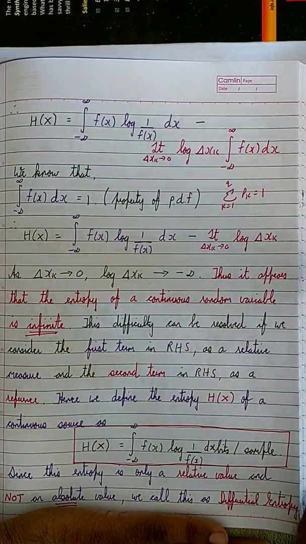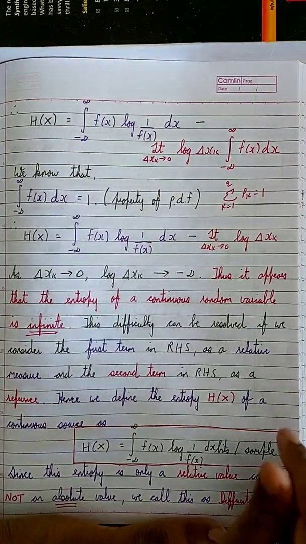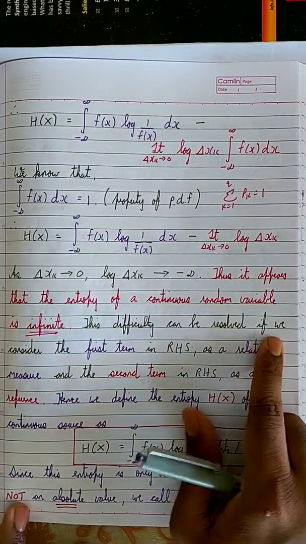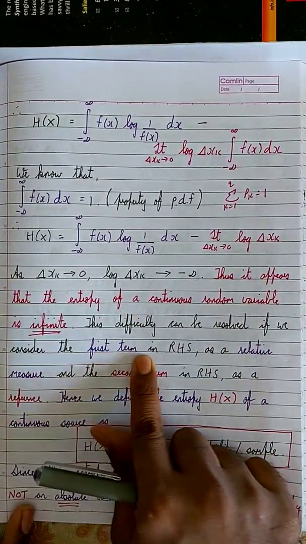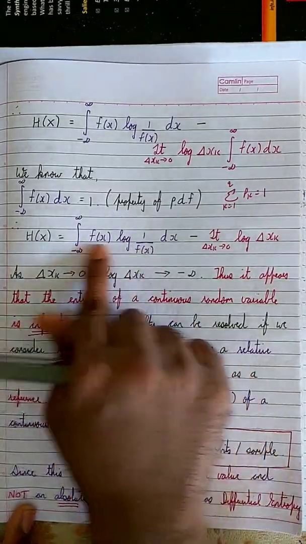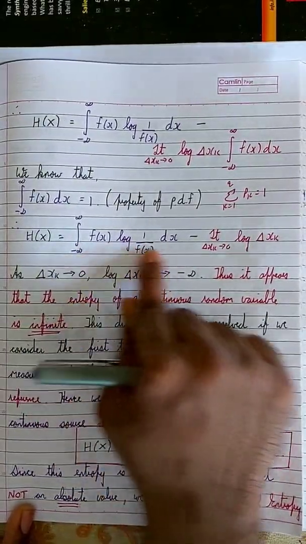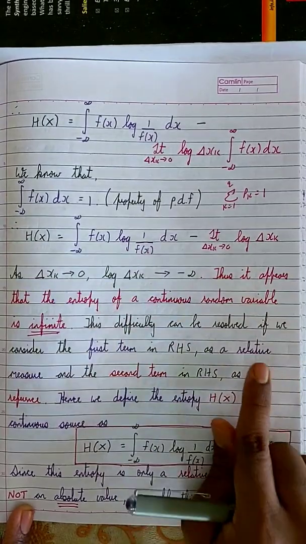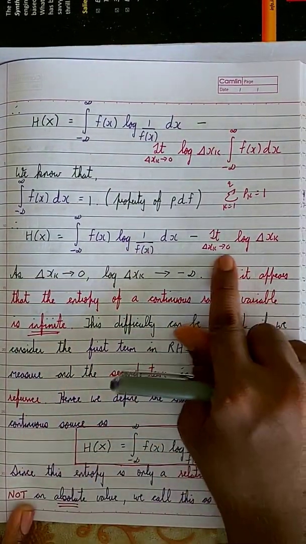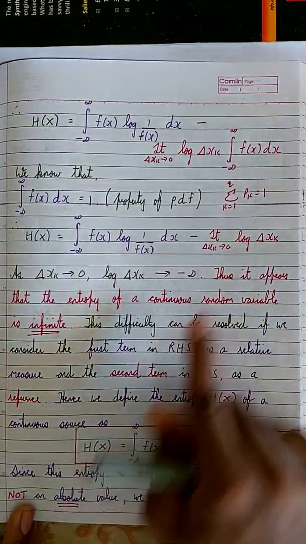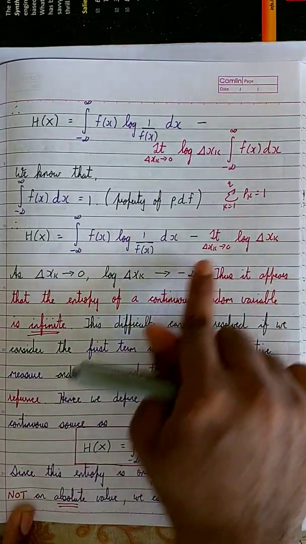That's the difficulty. This difficulty can be resolved if we consider the first term in this equation, that is this term, as my relative measure, and the second term as my reference.